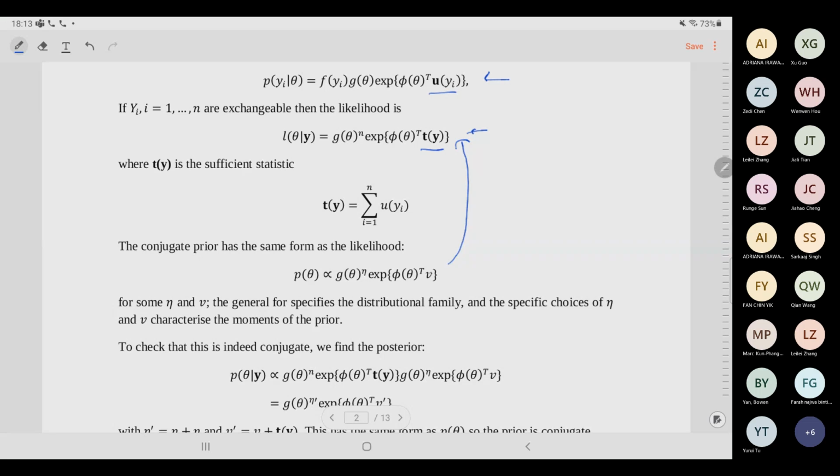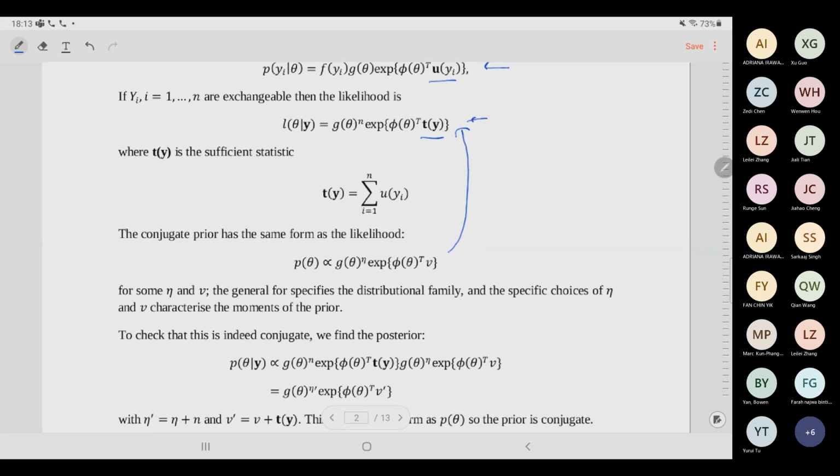But your prior does not have the data, so v might be some constant. Of course, this is in general. If you change your eta and your v, then you will change the moments of the prior.